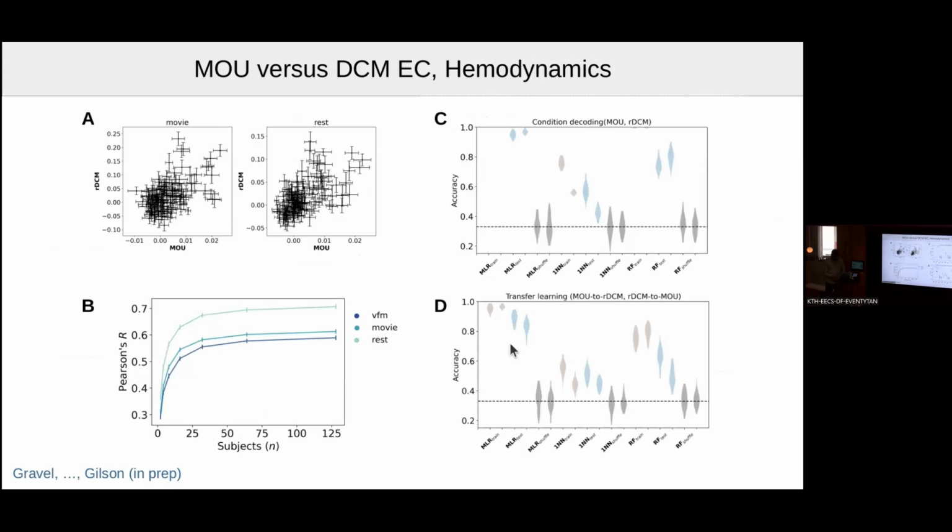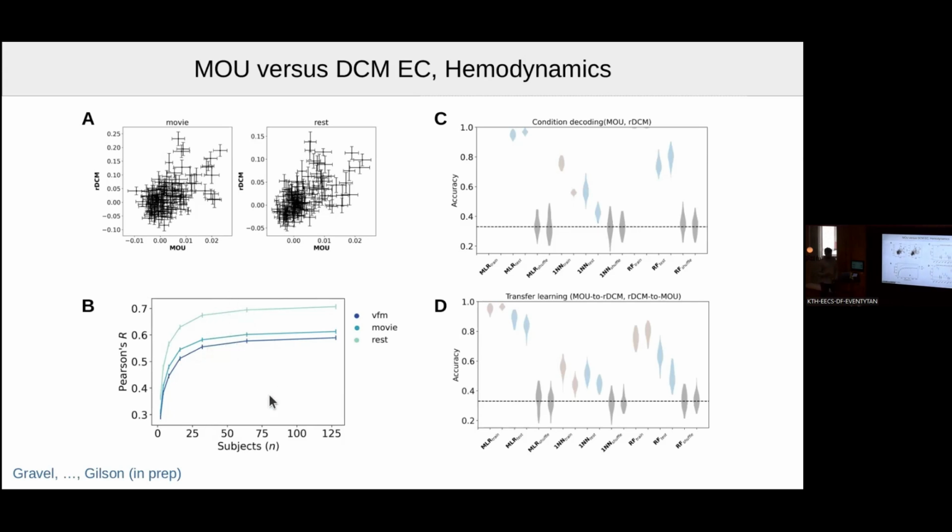And the last bit, if you're interested, I can comment on: in terms of effective connectivity, there's not just the version that we had, but the most famous version is DCM. And in fact, we showed that for resting state, DCM, we've got an alignment between our method and their method. So if you look at, let's say, 50 subjects, you've got an alignment, a Pearson correlation between each individual and the group average that starts to be 0.5 or above.